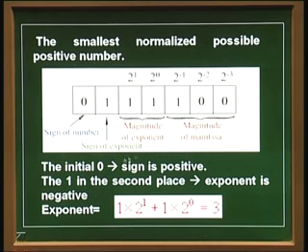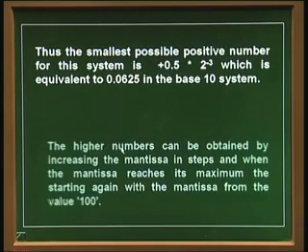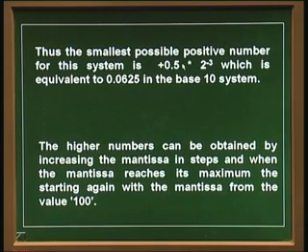So then we could ask now the question, what is the smallest possible number? We would get the exponent as 2 to the power of 1 plus 2 to the power of 0, that is 3 with a negative sign. So the number which you would get would be 0.5 times 2 to the power of minus 3.